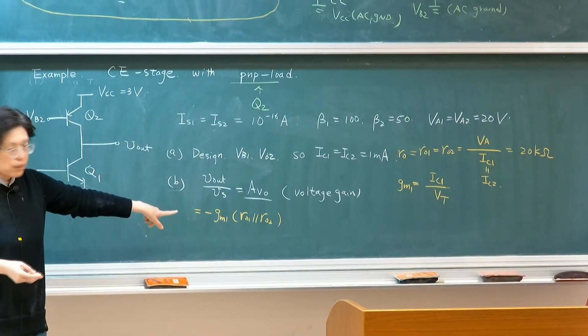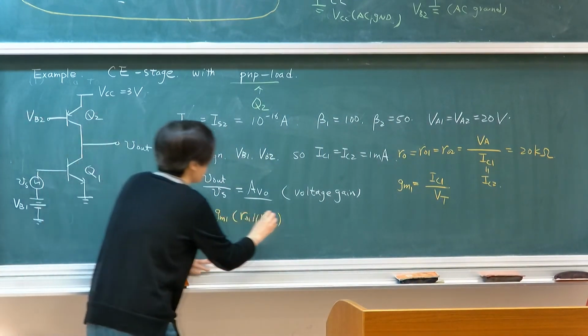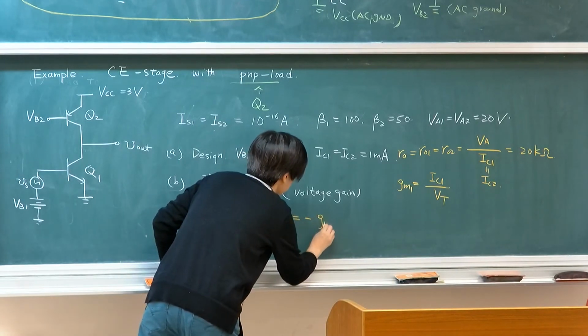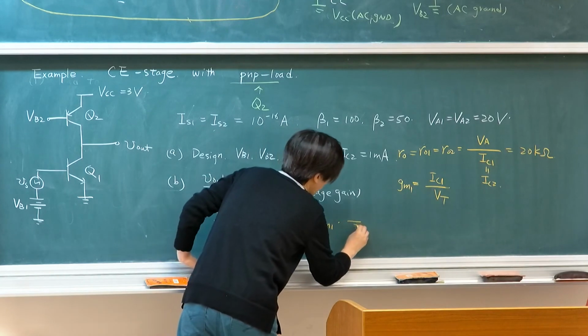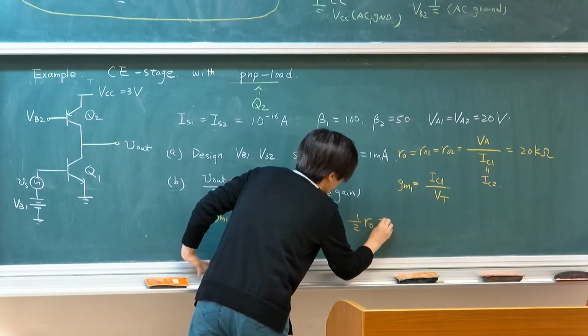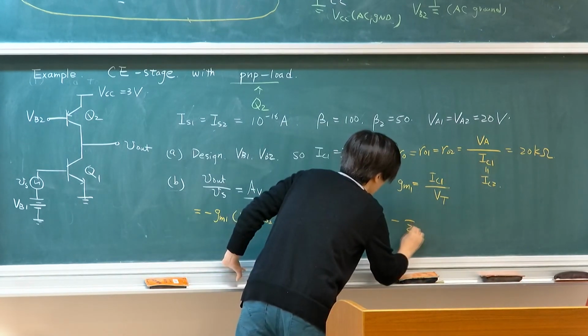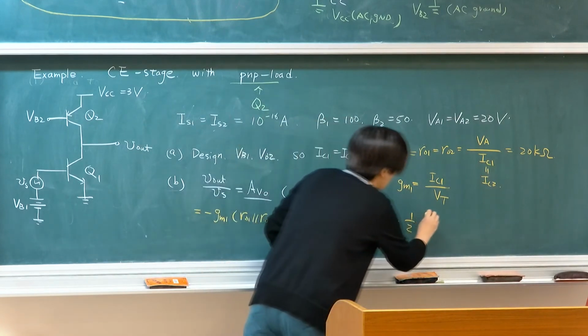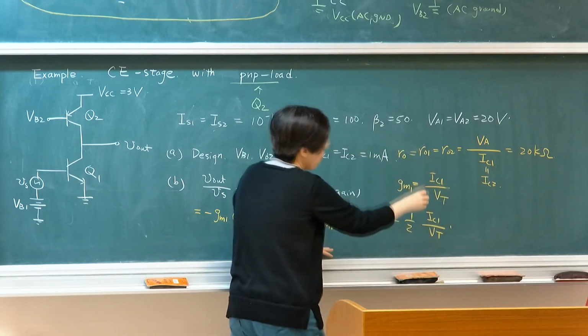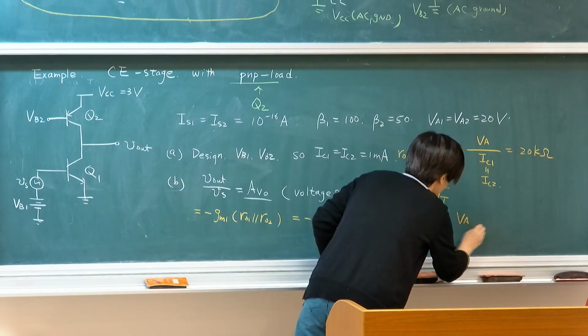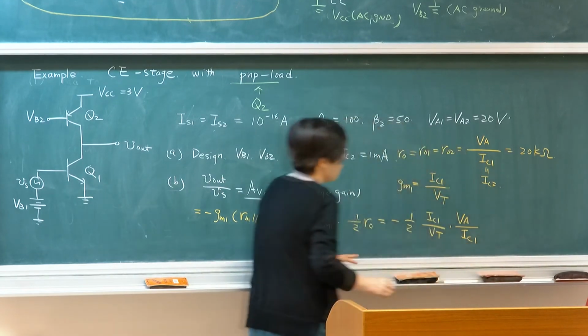Okay? So if I'm simplifying this equation, this will be minus GM1 times 1/2 RO, which will be minus 1/2. GM is IC1 divided by VT. RO is VA divided by IC1.